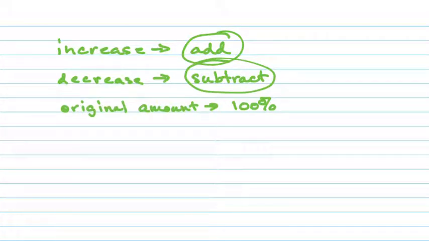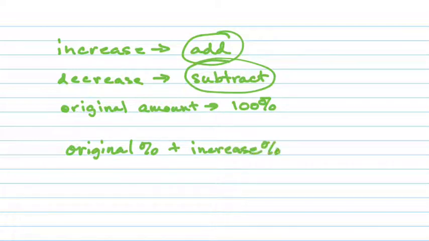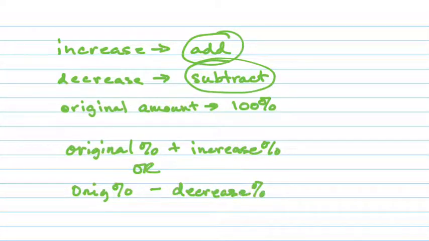So, what you're just going to do is take the original percent plus the increased percent, or, of course, the original percent minus the decreased percent. If you work with the percentages, it eliminates some of the math, some of the steps. So if you do the math with the percentages, it makes it a lot easier. It's a lot less math to do.